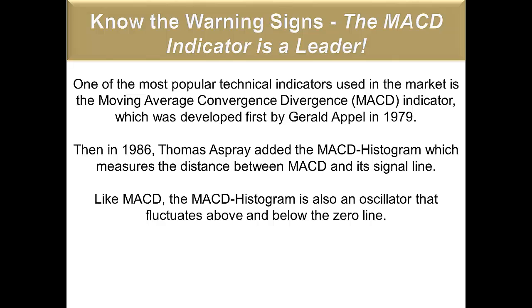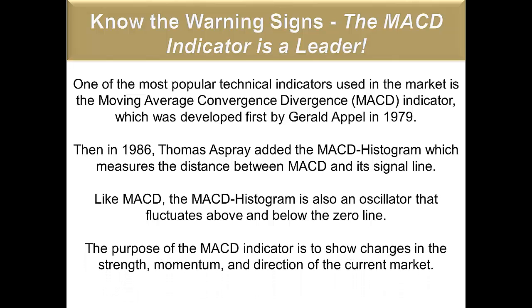Like MACD, the MACD histogram is also an oscillator that fluctuates above and below the 0 line.